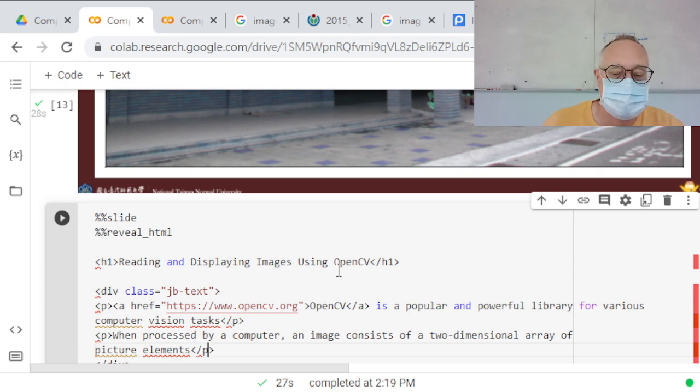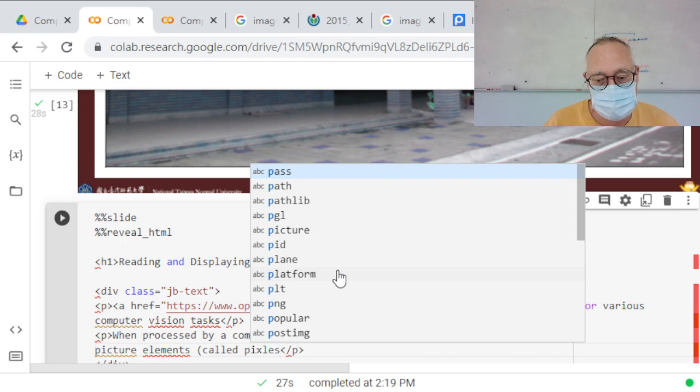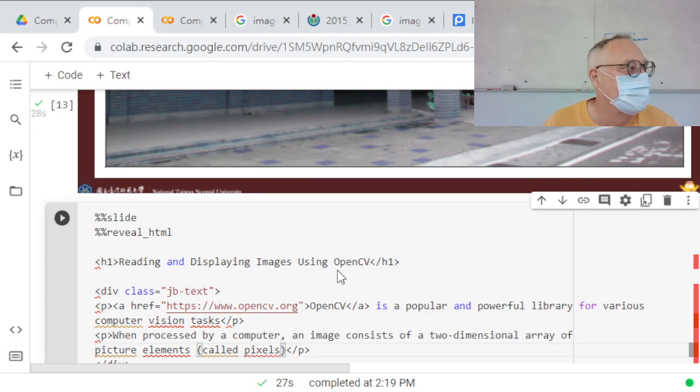Those picture elements are also called pixels. You may have heard that term before. But a pixel is an individual element in your image as captured by your sensor.